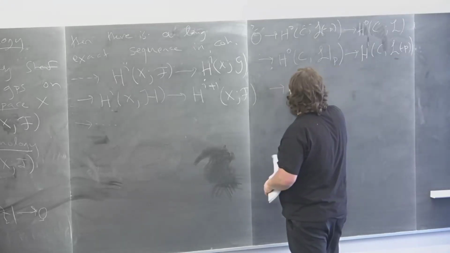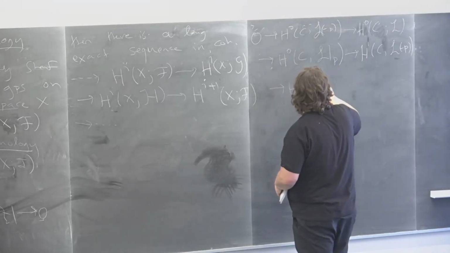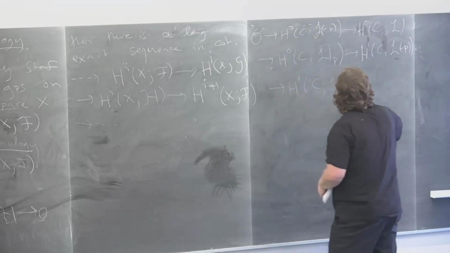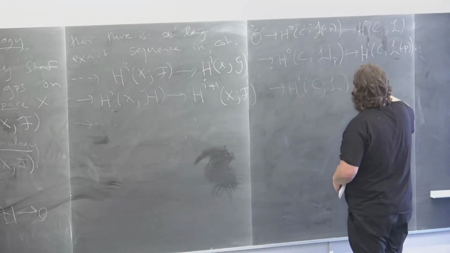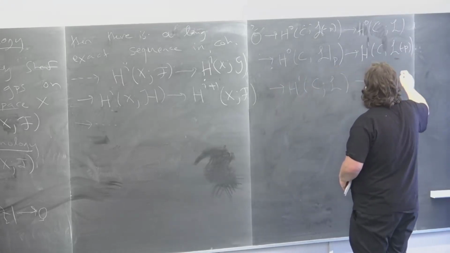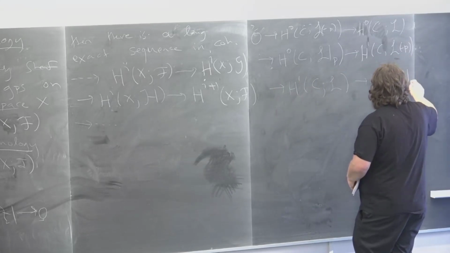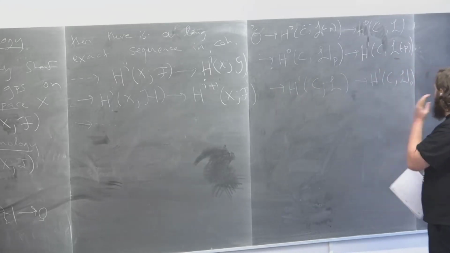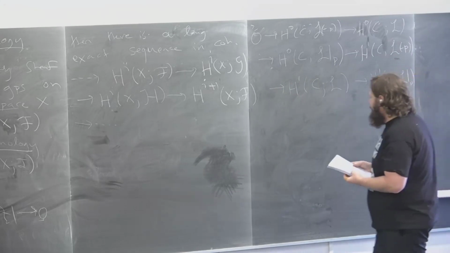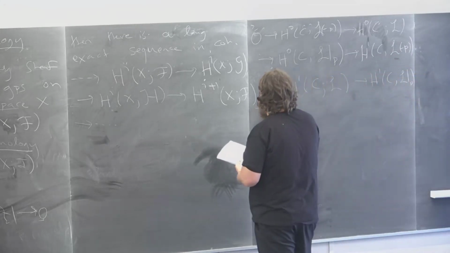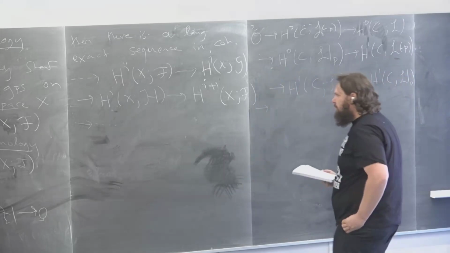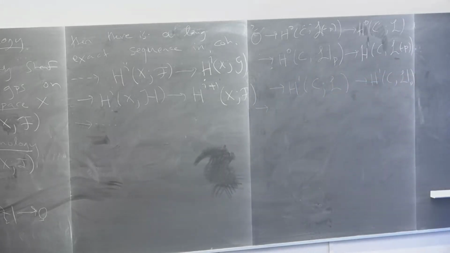And then of course that maps to H1 of C of L. That maps to H1 C of this skyscraper sheaf. And so, all right, are there any questions? Yeah.